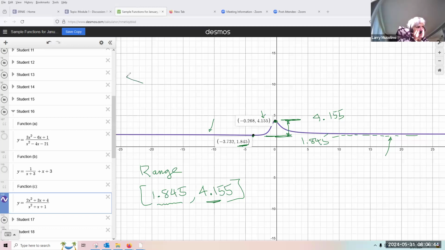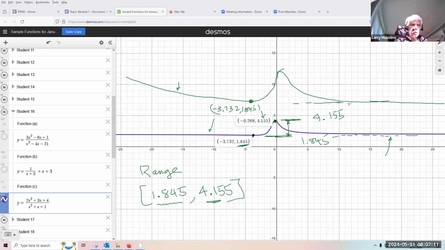It seems like it's going down, and then it's coming to this point, 1.845 on the negative 3.732. And when it hits that point, then it's kind of going back up like this. So on this left side, it doesn't look like there's a horizontal asymptote here. But on the right side, this does look like a horizontal asymptote, because this line seems to be approaching this horizontal line.